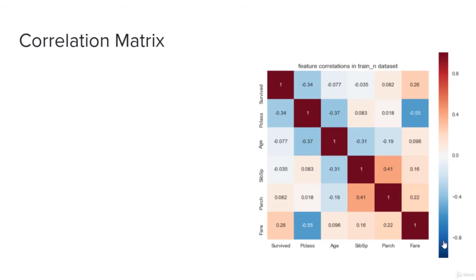The rows of this matrix represent the features in a data set. We have different variables on the y-axis, and the same variables on the x-axis. So this correlation matrix visualizes the correlation between different features. On the rows we have a certain set of features, and in the columns the same set of features.